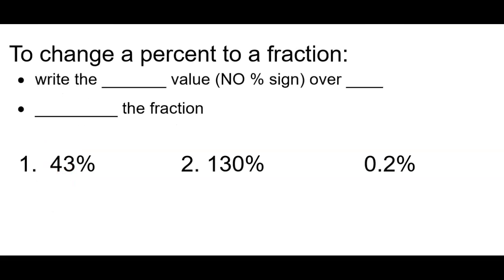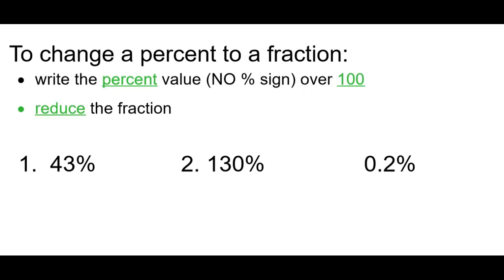Okay, how do I change a percent to a fraction? Well, we just learned that if we have a fraction with a number over 100, then we would be able to get the percent from the decimal, right? Or the fraction, either one.